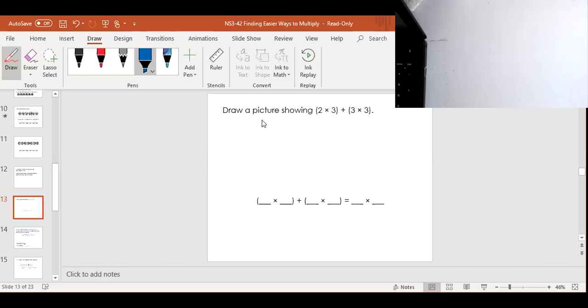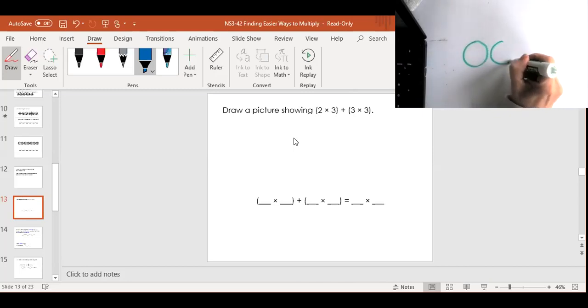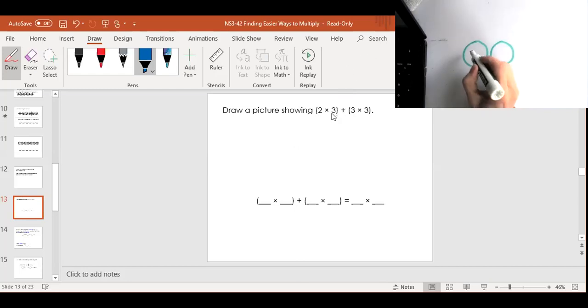So this time they want you to draw a picture showing the question here. So I'm going to draw the picture right here. I know that it's 2 groups. So first I make 2 groups. And in each group, it's saying I have 3. So in this one, I have 1, 2, 3, 1, 2, 3.